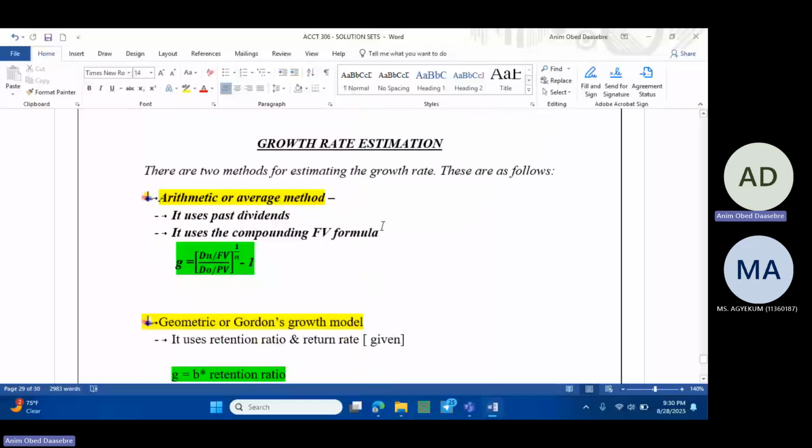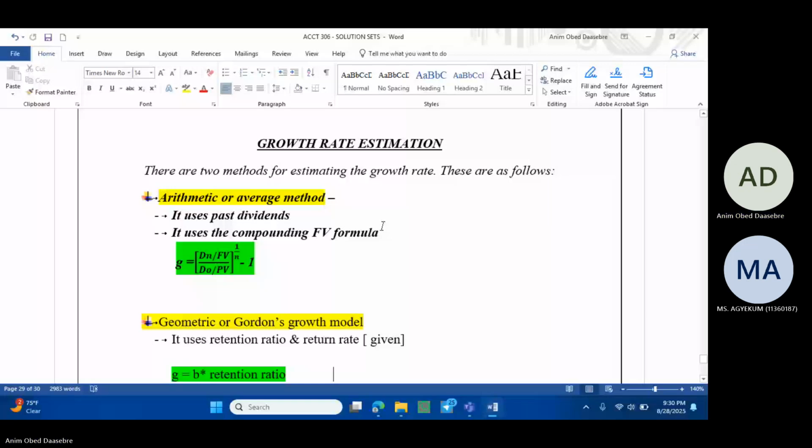Right. So there are two methods for estimating the growth rates. These are as follows. We have the arithmetic or average method.